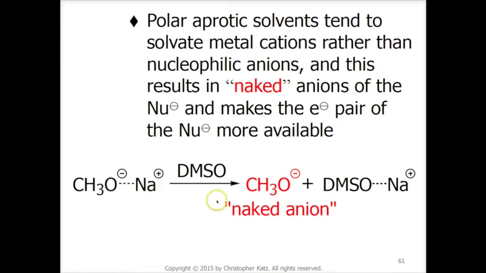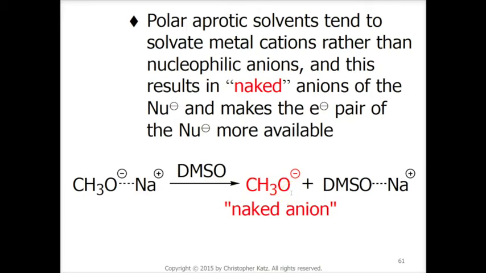When that happens, that makes the anion more reactive. If you have a sodium that's very close to this alkoxide, it is stabilizing that alkoxide, and it will make it less nucleophilic. If you use DMSO or DMF, those solvents will help to dissociate the O minus and the Na plus, and separate them to make this a naked anion, to make it even stronger.